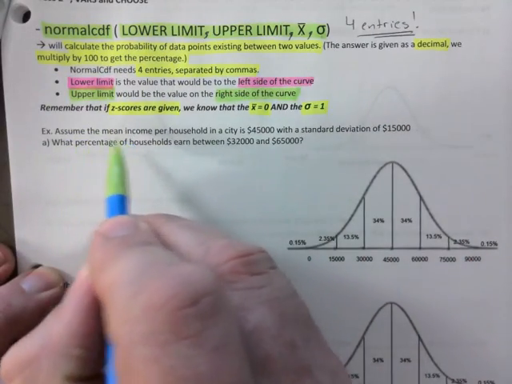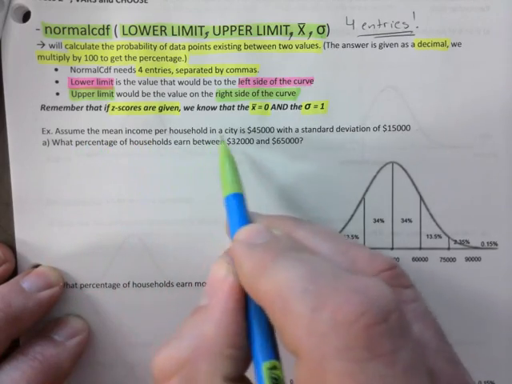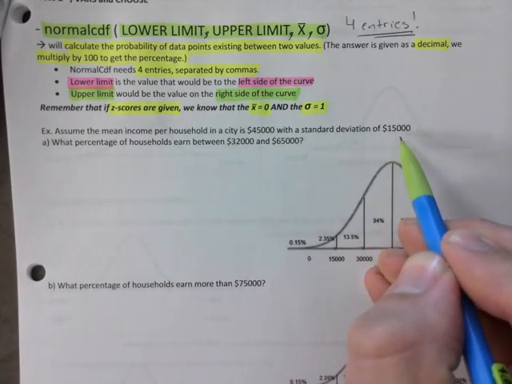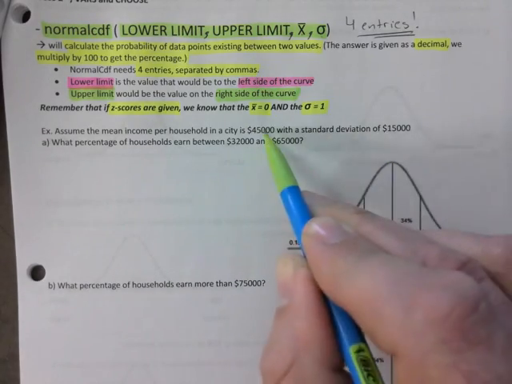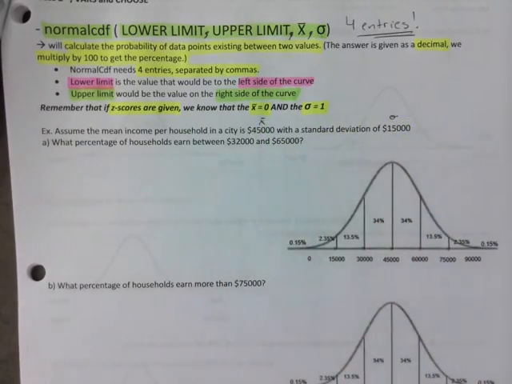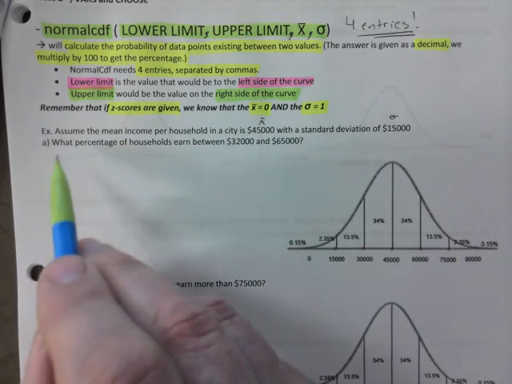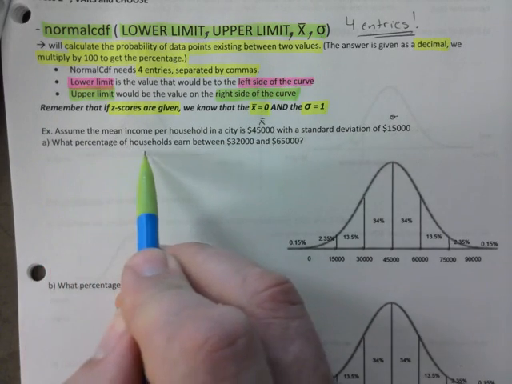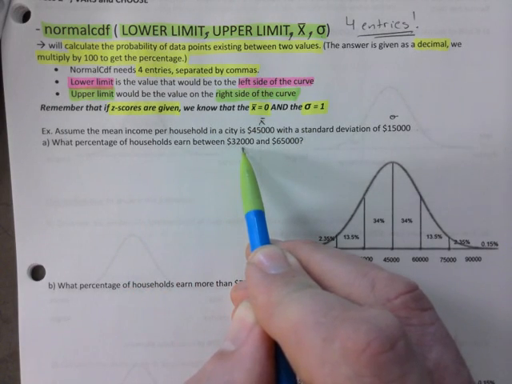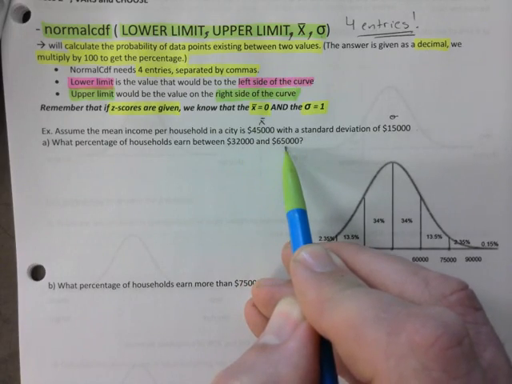Assume that the mean income per household in a city is 45,000, and the standard deviation is 15,000. We just did that, right? This is your mean, and this is your standard deviation. It's asking, what percentage of households earn between 32,000 and 65,000?